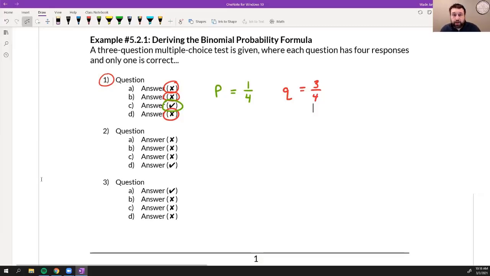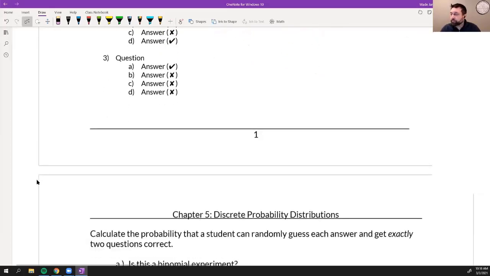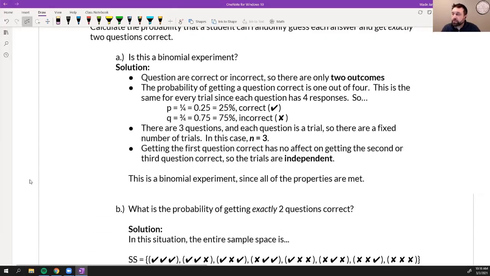So is this a binomial experiment? Does it meet all of the conditions? So the questions are either correct or incorrect. So there's only 2 outcomes. Check. What are the values of p and q? So like we talked about, p is 1/4, 1 out of 4, or 25%, and q is 3 out of 4, or 75%.